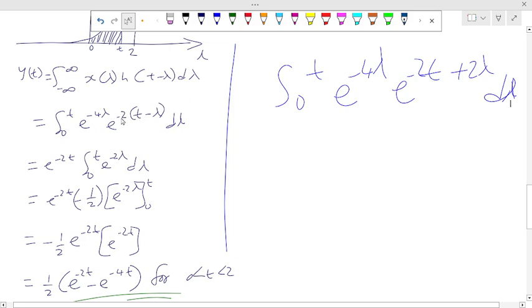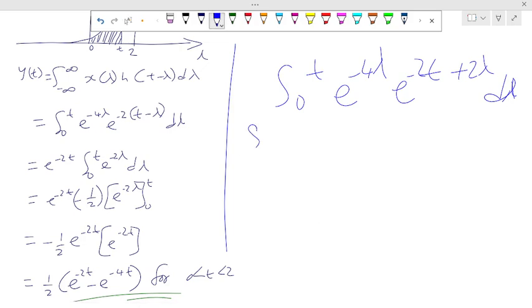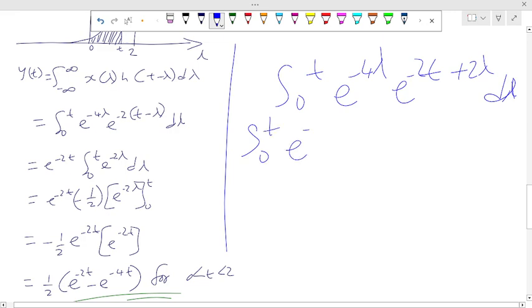Minus 2t. 2 multiply minus t will give you what? Minus 2t. Minus 2 multiply minus lambda will give you what? Plus 2 lambda. Okay, so of course simplify further: minus 4 lambda, e raised to the power minus 2t, e raised to the power 2 lambda. Of course, now this is the meaning.